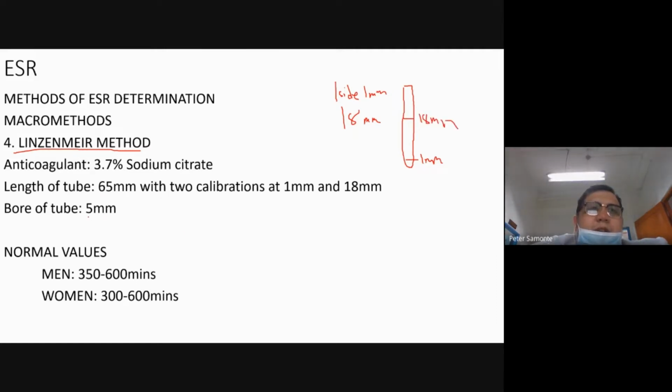Now, the bore of the tube is 5 millimeters plus. Normal value is 350 to 600 minutes for men, and for women is 300 to 600 minutes. So, ang tagal class, this would last for around 6 hours to 10 hours mong aantayin bago mo siya basahin, then 5 hours to 10 hours for women.